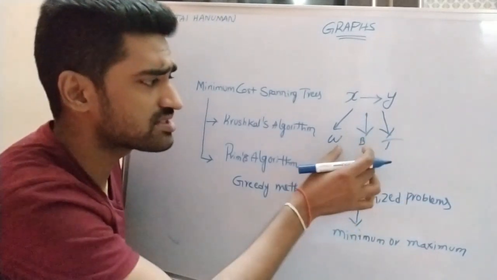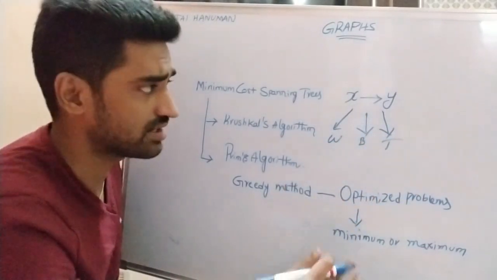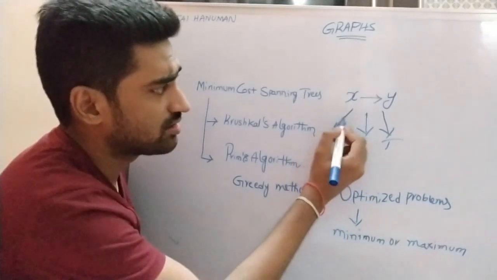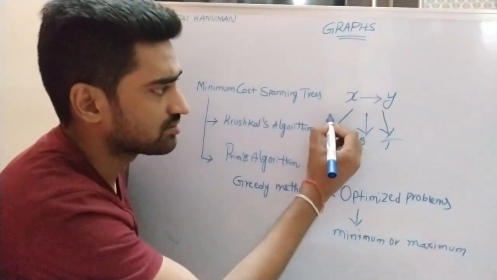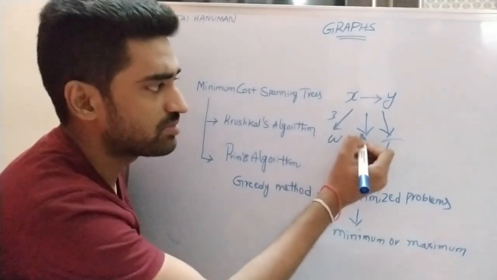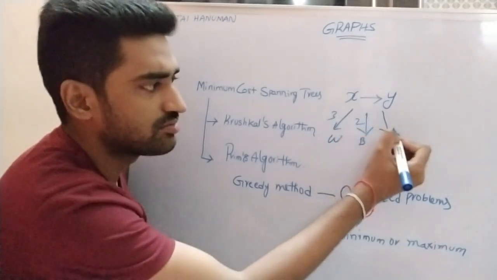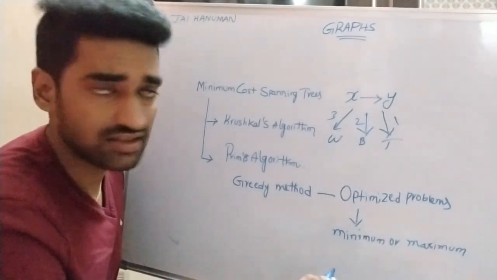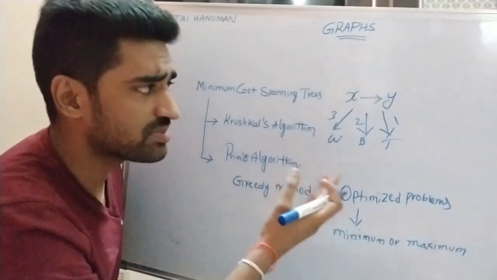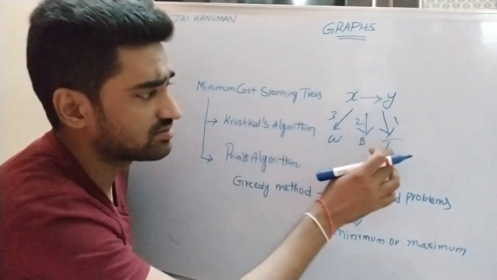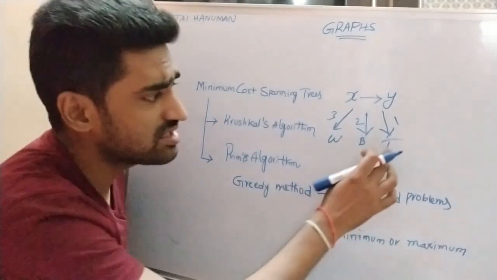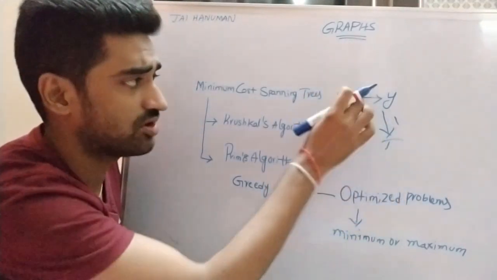Say these are the three possible solutions. By walk it takes 3 hours, by bus it takes 2 hours, by train it takes 1 hour. Among those, which one is the best solution? By train is the best solution. So this is the minimum solution for this problem.